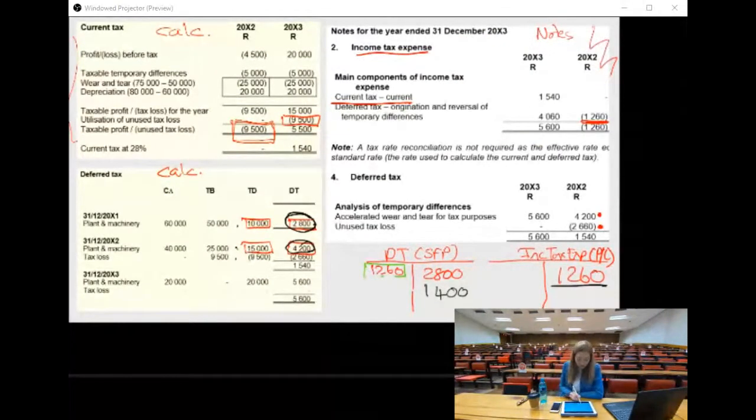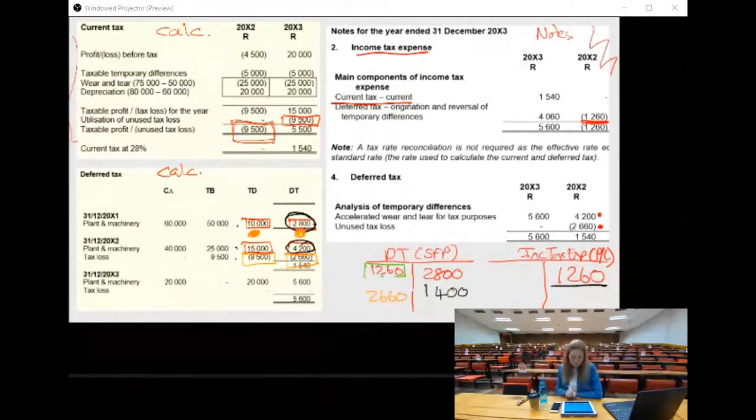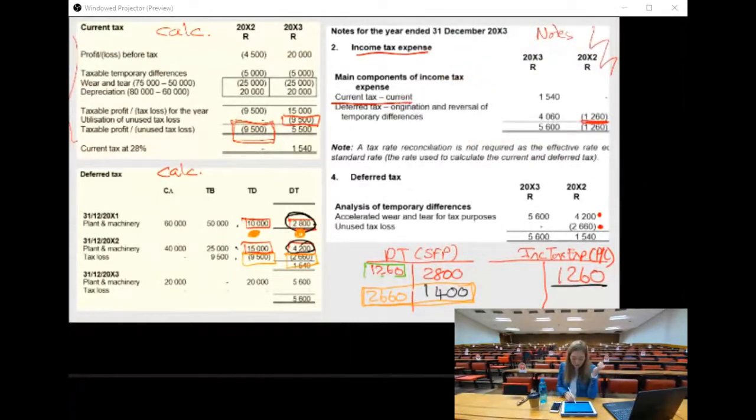We have the movement from 0 tax loss in the prior year to 9,500 in the current year. And so a movement from 0 deferred tax to a 2660 debit. So that would be then the 2660 debit over here. So the net of these two movements in deferred tax give us the net movement of 1260 over here.